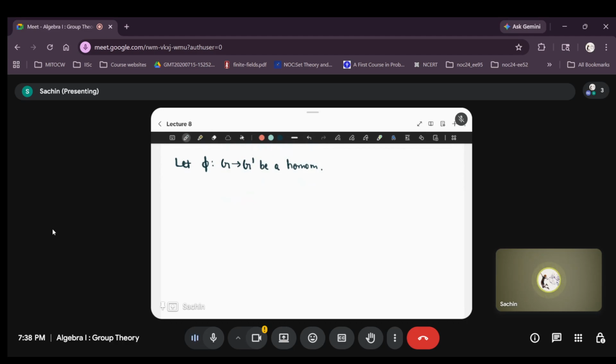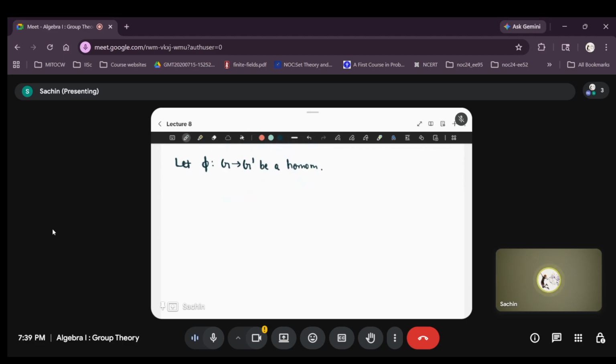I'll simply call it a homomorphism instead of group homomorphism because in this course we are only dealing with groups. So there won't be any confusion at least. But when you go to rings, there will be ring homomorphisms which have an additional condition. Since we are not studying rings here, I'll just call it a homomorphism.